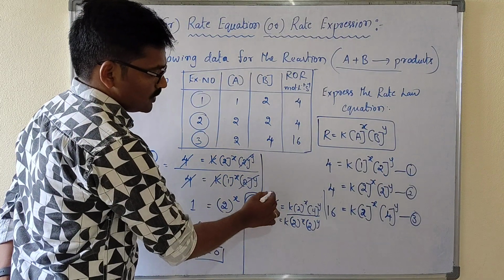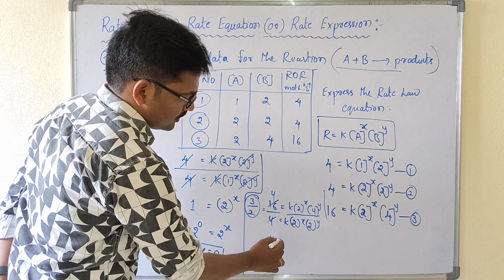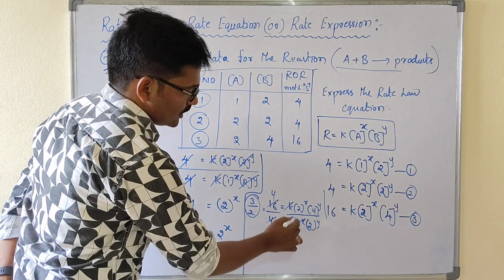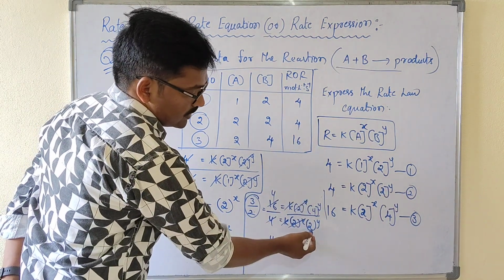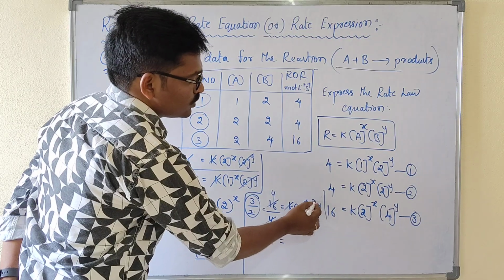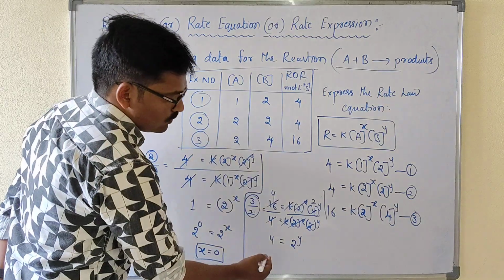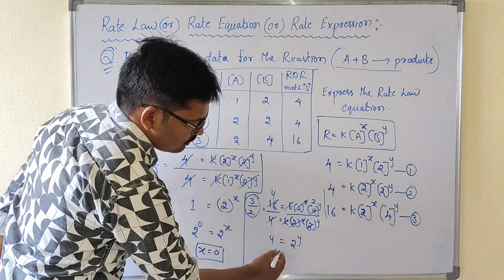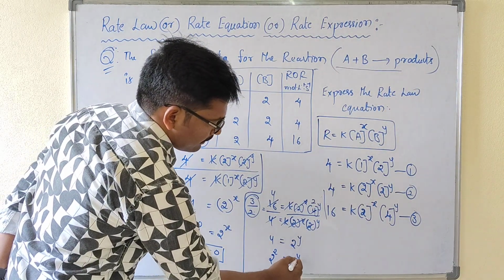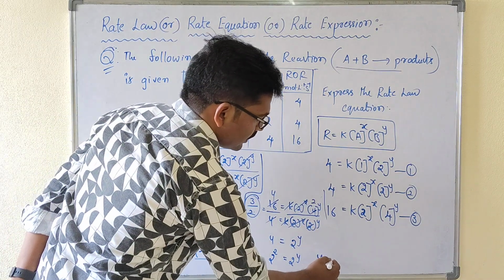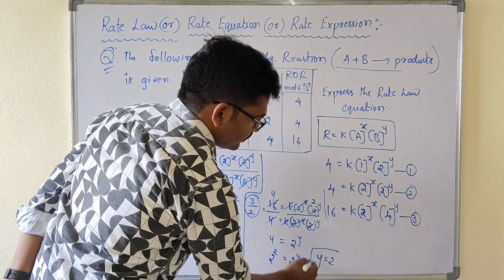So 16 divided by 4 is 4, right? k cancels, 2 power x cancels, and here 4 by 2 is 2, so 2 power y will be there. Now 4 you can also write as 2 power 2, then 2 power y. So from this, y equals 2.